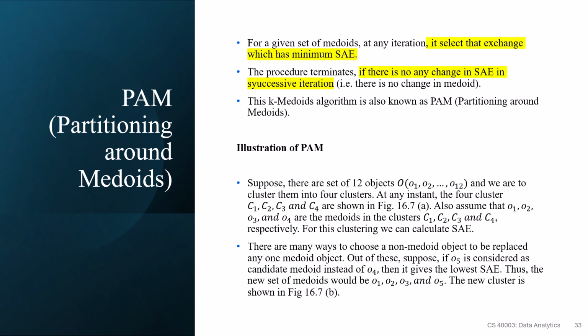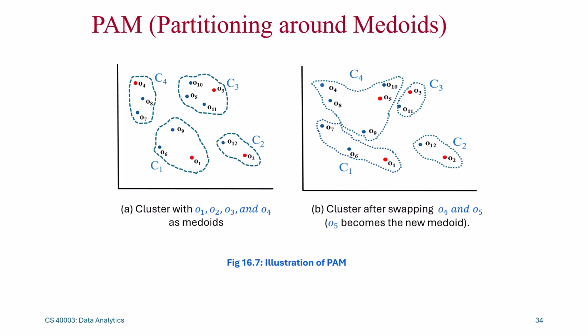For this clustering, we can calculate the sum of absolute error. There are different ways to choose a non-medoid object to replace any one of the medoid objects. Out of these, suppose O5 is considered as a candidate medoid instead of O4, then it gives the lowest sum of absolute error. Thus, the new set of medoids would be O1, O2, O3, and O5. The new clusters are also shown in the following screen.